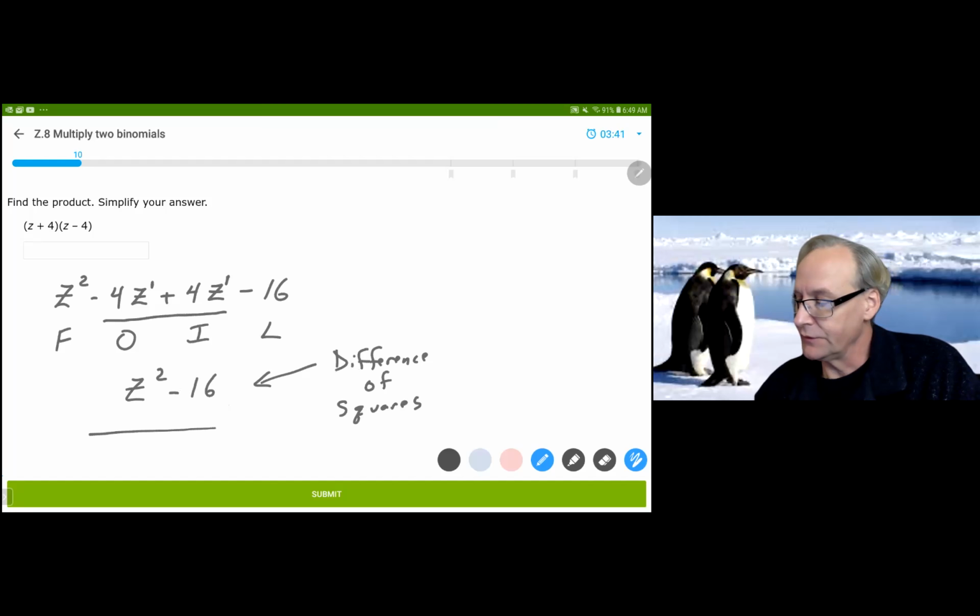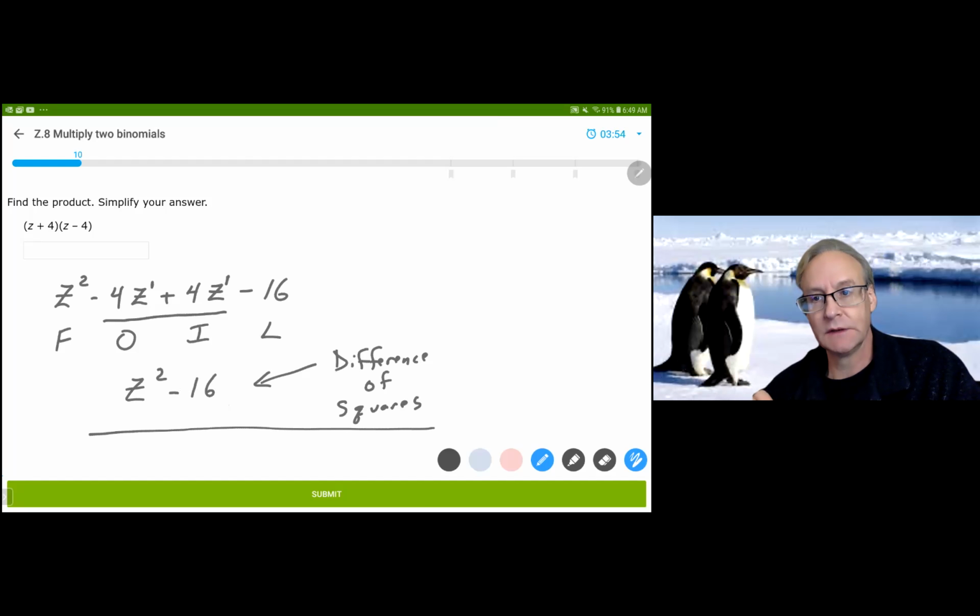Now I have some good news for you. One of the reasons that you want to learn how to multiply these is so that eventually you will be able to factor them. That means pull them into 2 equal parts, or 2 parts, not equal.